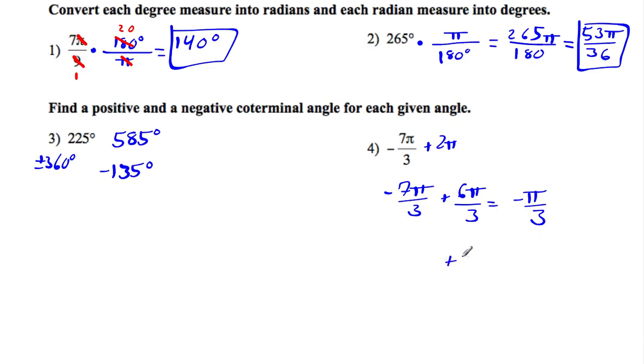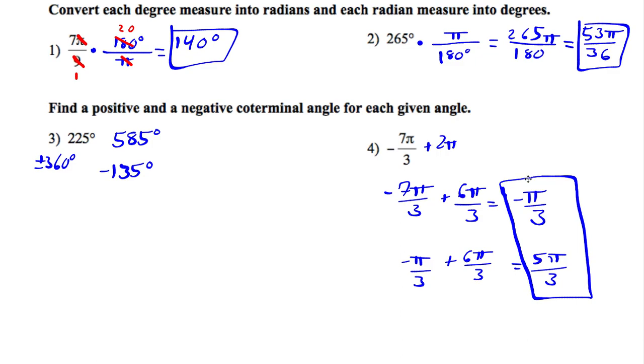And so if I add 6 pi over 3 again to that negative pi over 3, I'm going to get 5 pi over 3. There are an infinite amount of answers for these. So if you wanted to, we could subtract 2 pi from here, and we would get negative 13 pi over 3. But if I add the 2 pi, I'm still at negative territory, so I'd need another one anyway. So that's why adding twice would give both answers there.